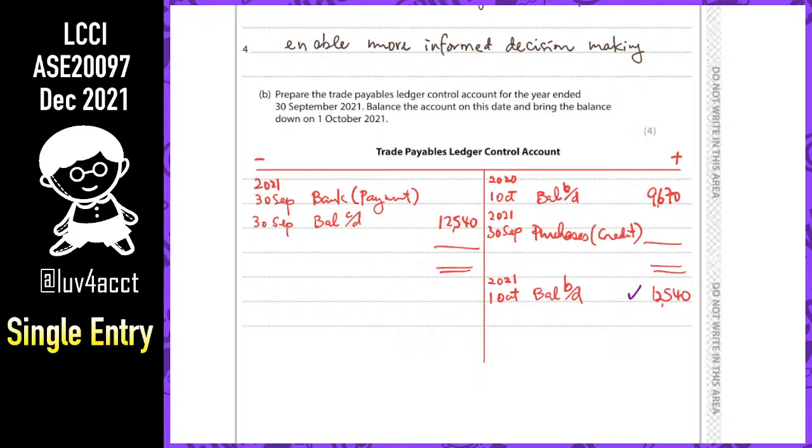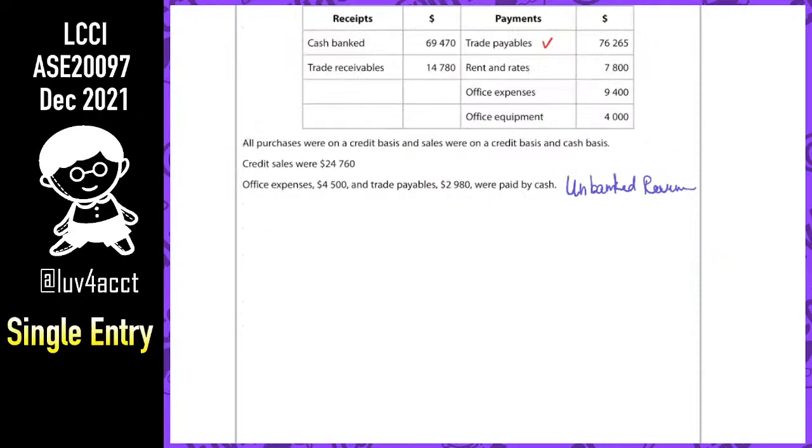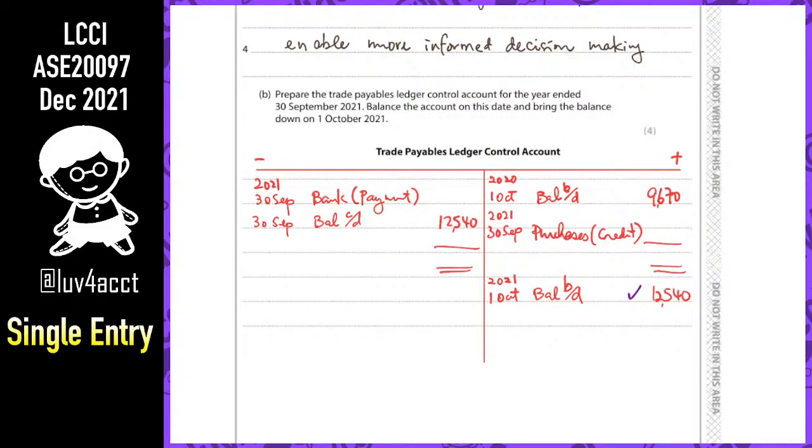So let us go back to the question. Let's see how much payment to trade payables: 76265. 76265 here. Okay, so we finish.